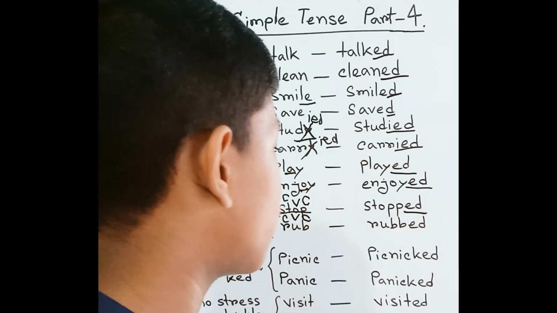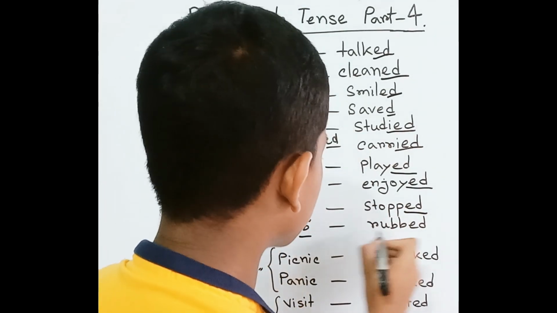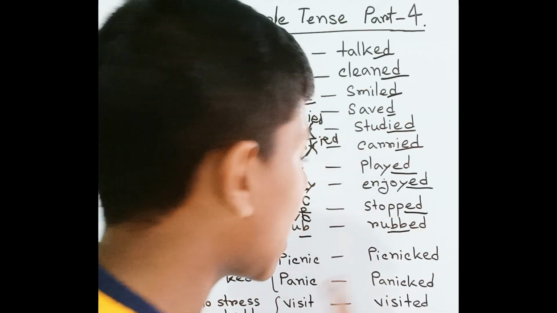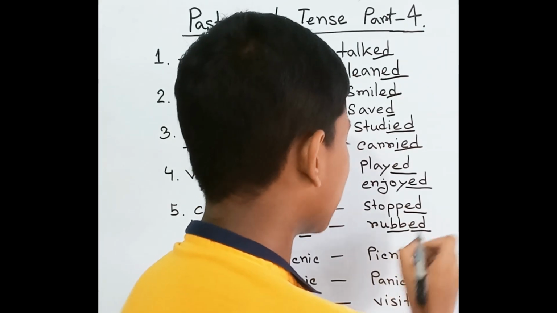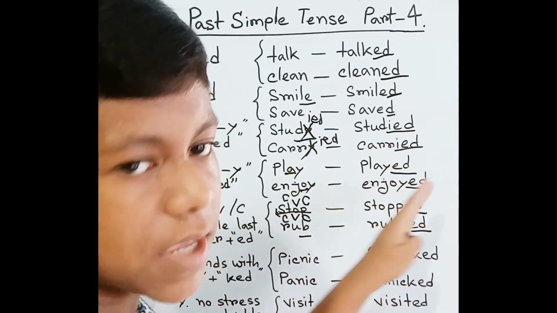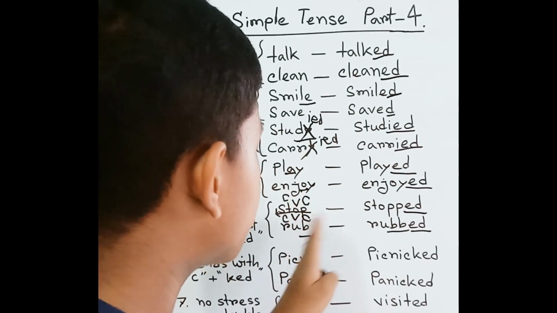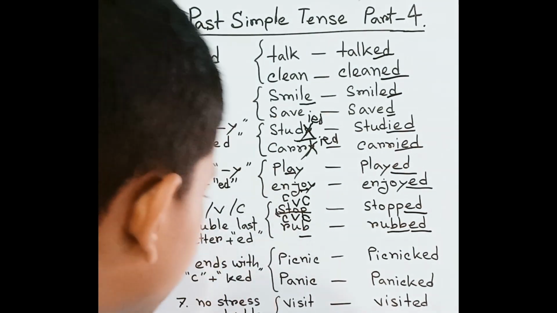Rub becomes rubbed. So the last letter B becomes double, and after this you need to add the ed. So here I have added the ed. Rub becomes rubbed. Stop becomes stopped. We have already understood these 5 rules.